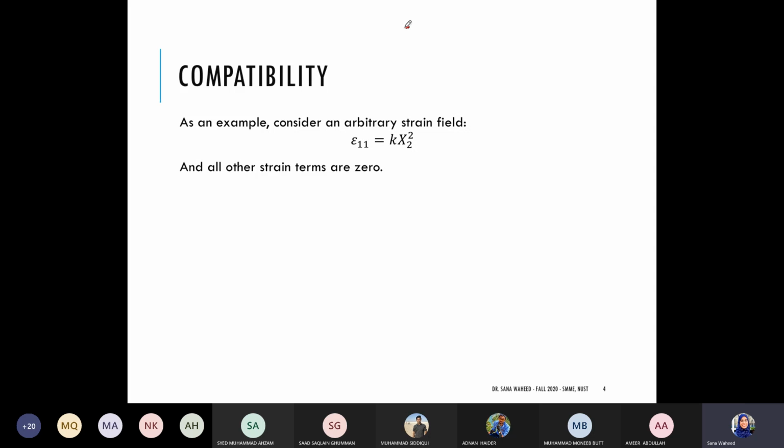That means that epsilon as a tensor is just kx2 whole square, and then 0 0 0 0 0 0 0 0.